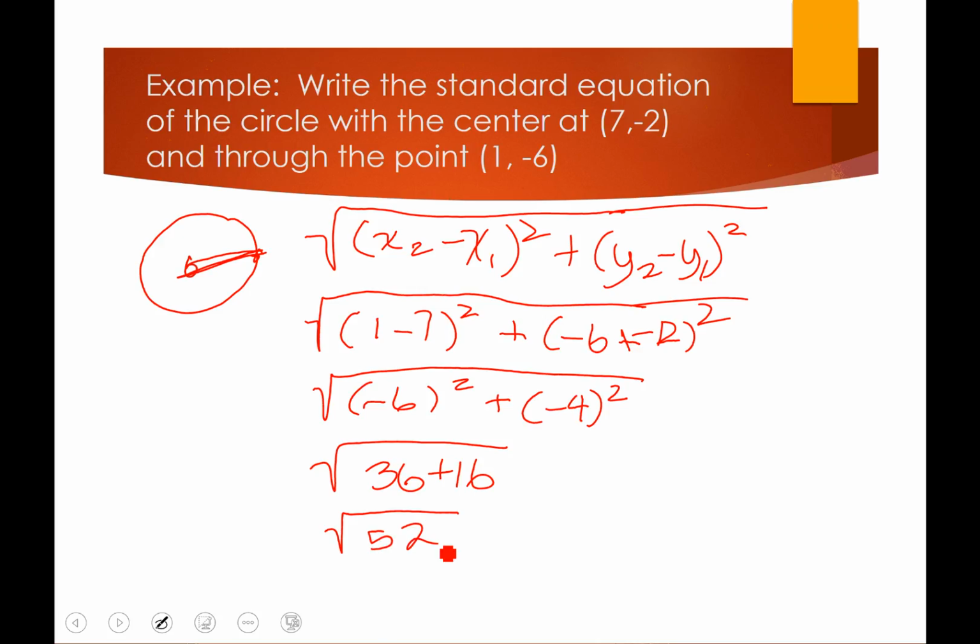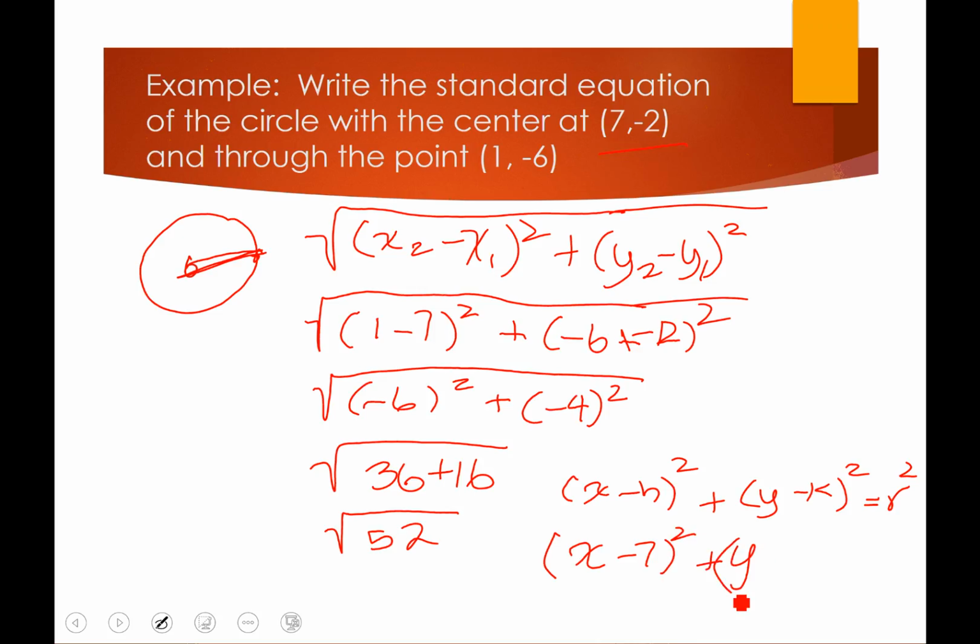Okay, so now in our equation, x minus h squared plus y minus k squared equals r squared. So plugging in, my center was at 7, negative 2, so x minus 7 squared plus y minus a negative 2 gives us plus 2 squared equals, and if I square the square root of 52, I'm just going to get 52. So there is the equation of my circle.